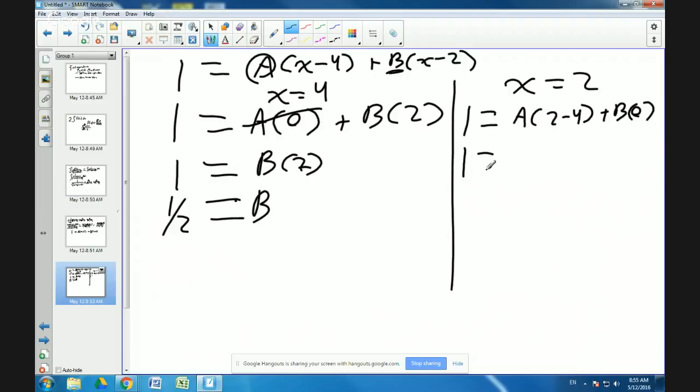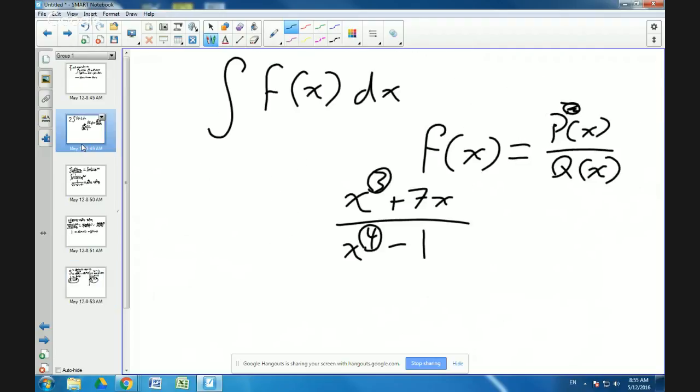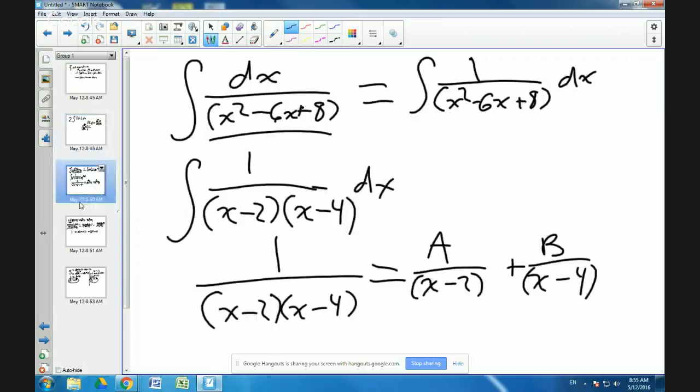So that's 1 equals A times negative 2. So A equals negative 1/2. And now we plug both our B value and our A value back into our decomposed form.